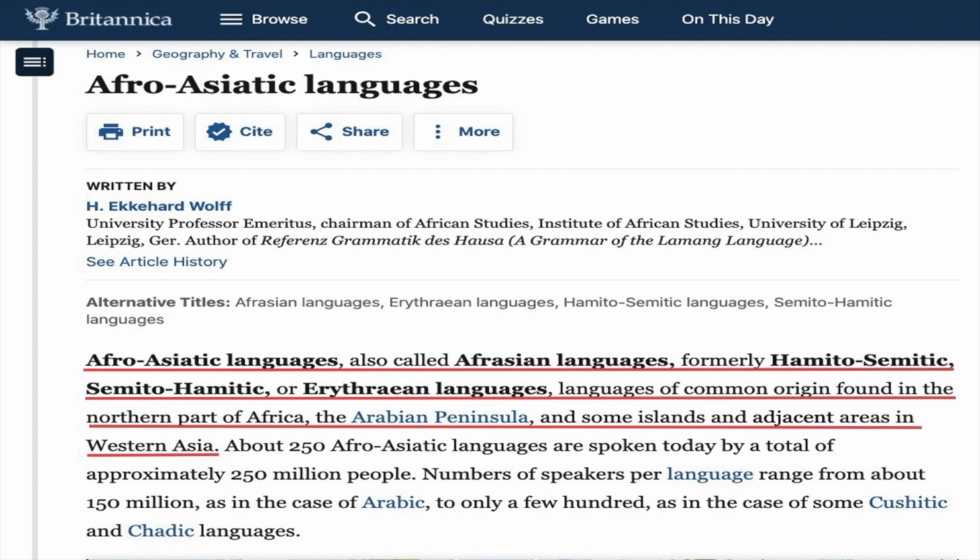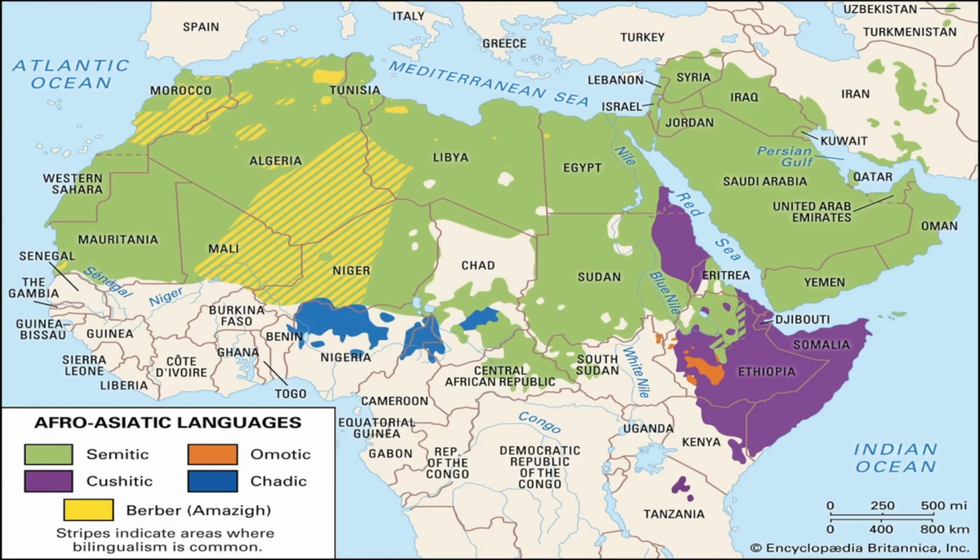Afro-Asiatic, also called Afro-Asian languages, formerly Hamito-Semitic or Semito-Hamitic, are languages of common origin found in the northern part of Africa, the Arabian Peninsula, and some islands and adjacent areas in Western Asia. Here's a map of the Afro-Asiatic languages, spread across the Middle East and Africa.